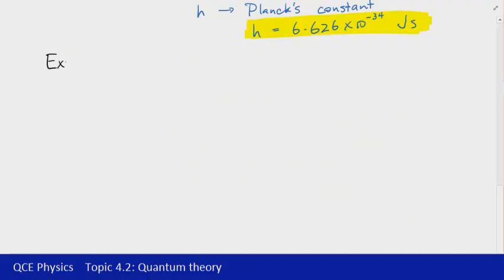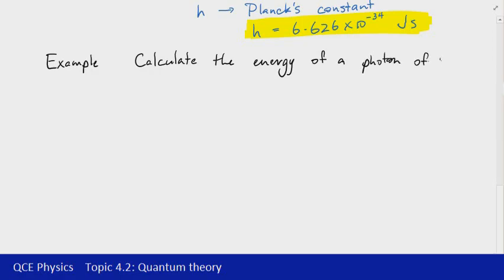A fairly simple example: calculating the energy of a photon of laser light with a wavelength of 650 nanometers.